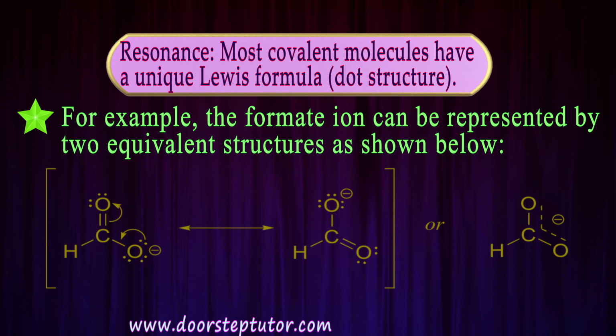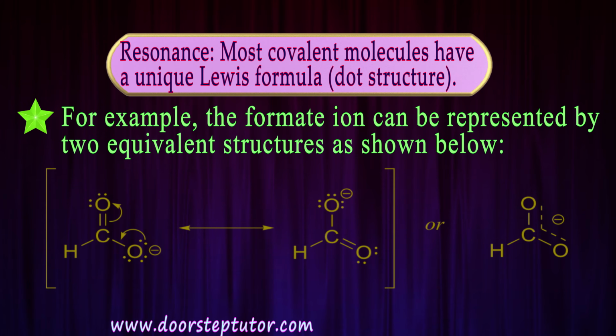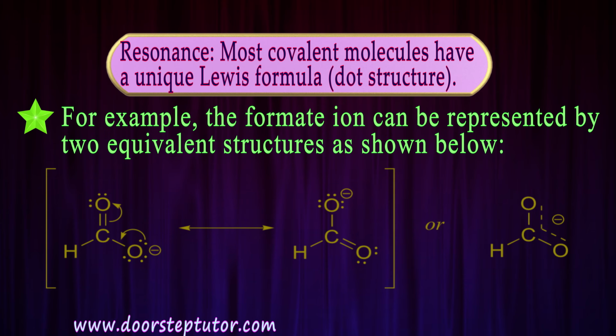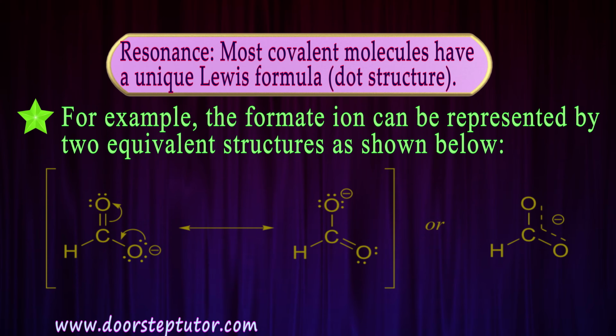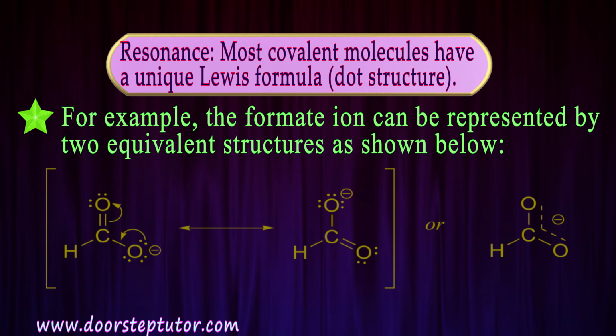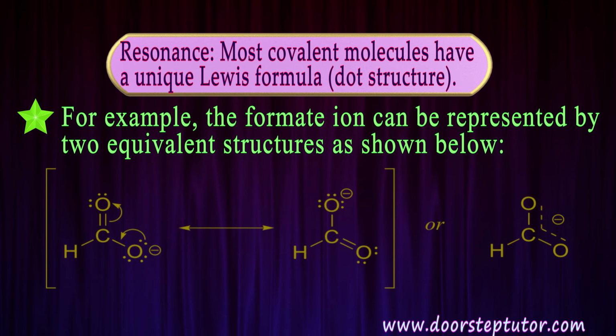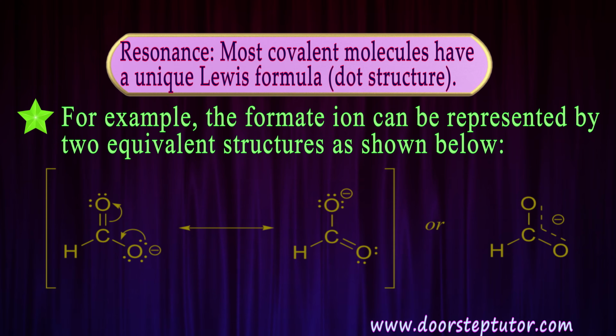We can make another structure of this formate ion, shown in the second structure. Here the lone pairs and the negative charge have changed. So first and second are both resonating structures of formate ion.